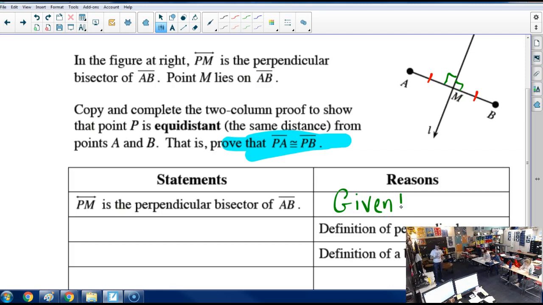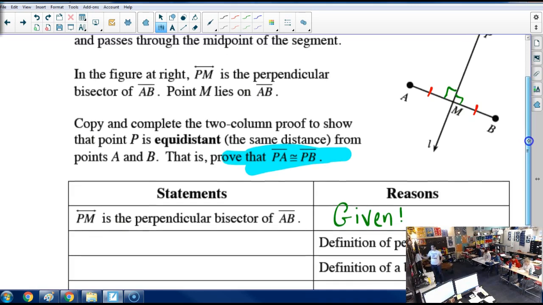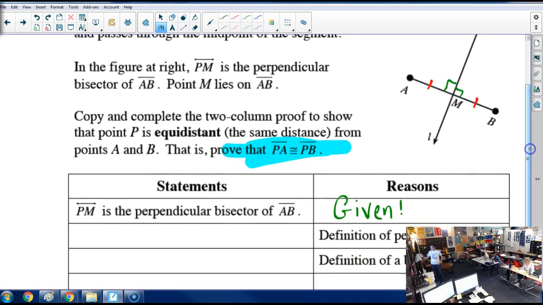PM is shared. PM equals PM. Then it says definition of perpendicular, and I don't know how to state it. Say this angle is congruent to this angle. PMA is congruent to PMB.